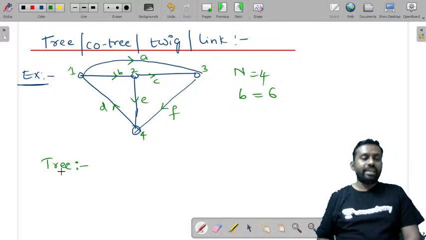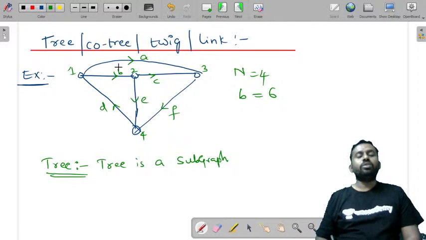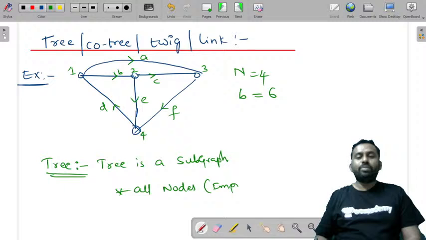So what is a tree? A tree is a subgraph which contains all the nodes of the original graph, that means it is an improper subgraph, right?